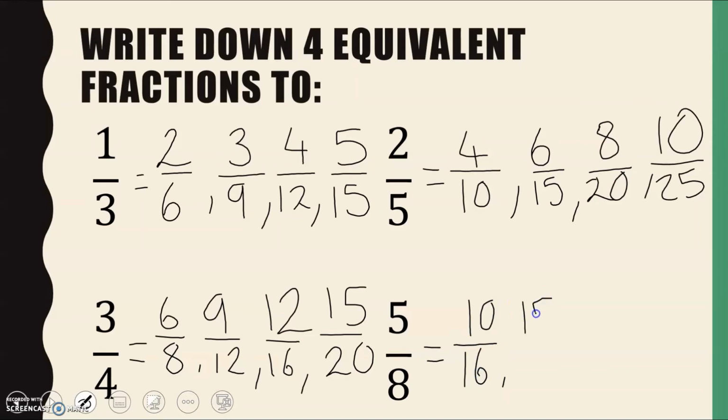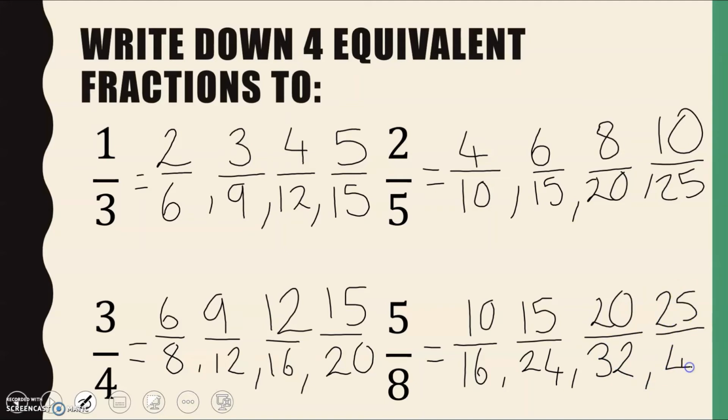We would have 15 over 24. We would have 20 over 32. And then 25 over 40. And that's us written down 4 equivalent fractions to each of our starting fractions there.